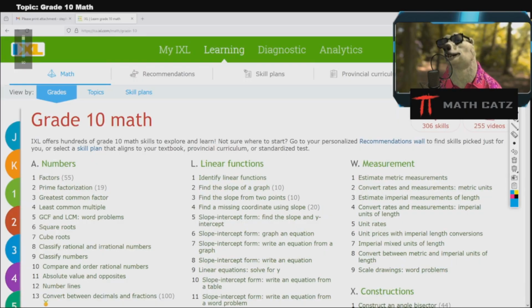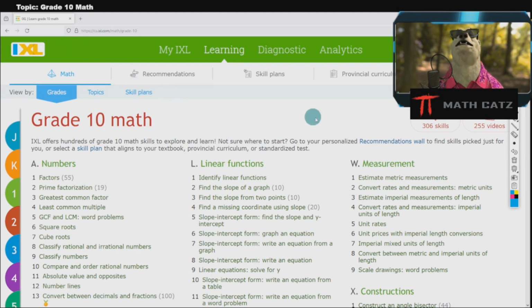Hello and welcome to our session on some grade 10 math. We're using IXL to generate some examples for us to help our discussion.